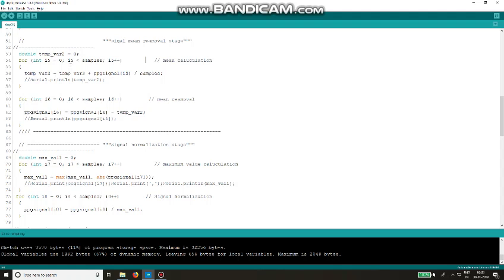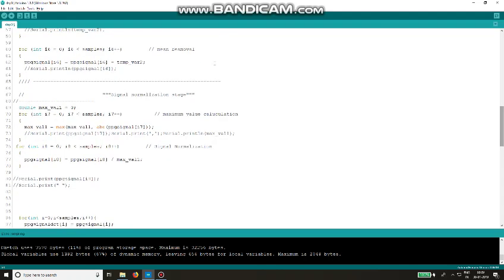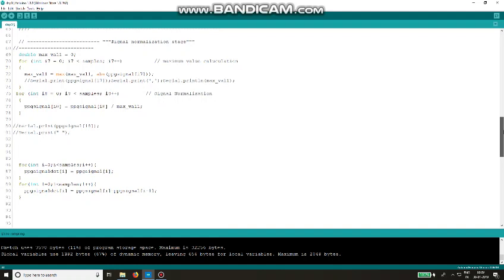To calculate the mean, we define a temp variable equal to 0 and take each element divided by the number of elements: x1 by 150 plus x2 by 150 plus x3 by 150 up to x150 by 150. This gives us the mean, which we store in temp var2. To remove the mean, we subtract it from each element, and this updates our PPG signal. Now we move on to the normalization stage.